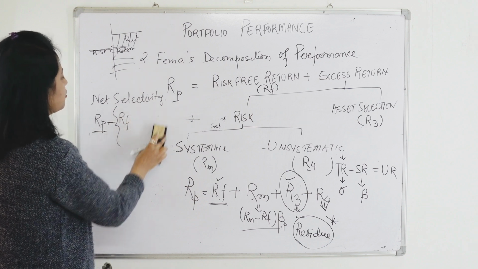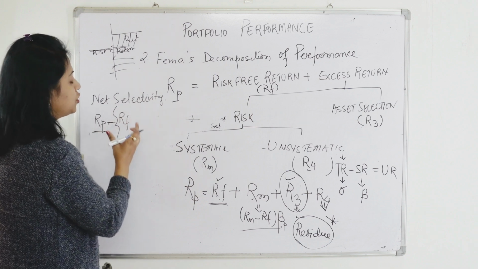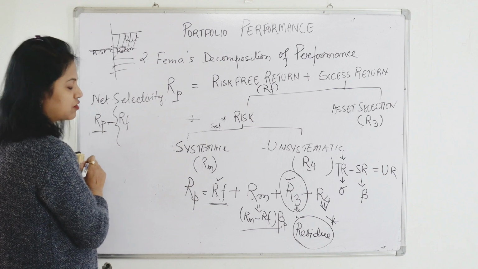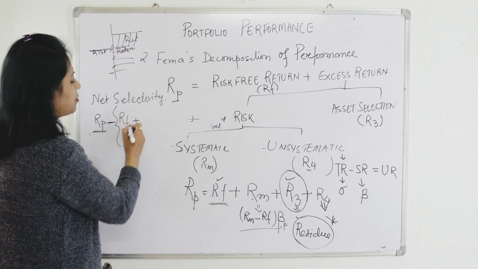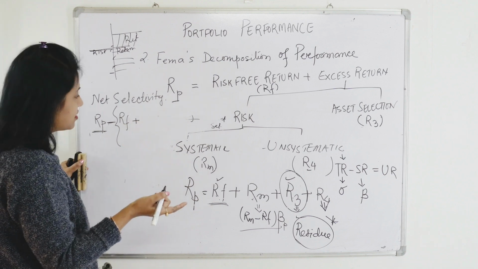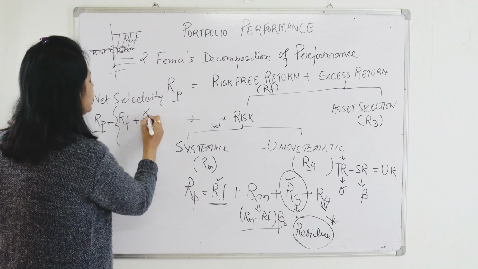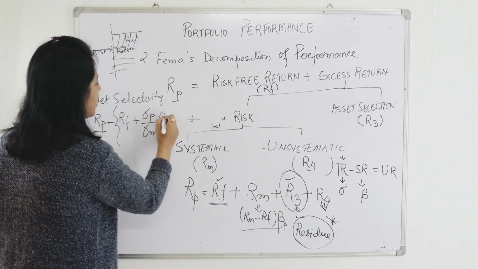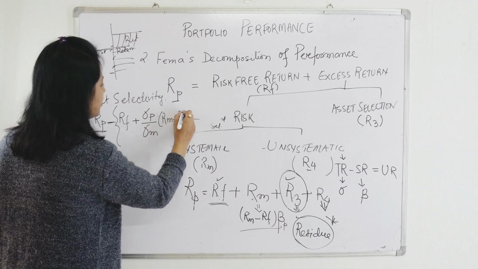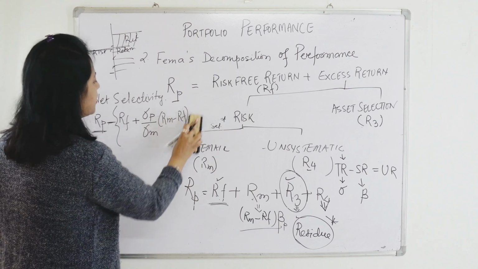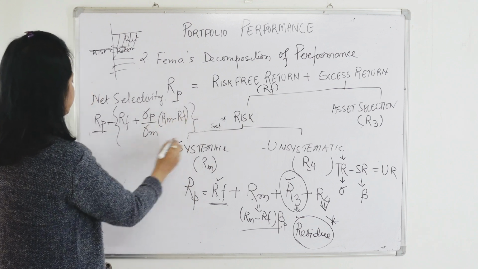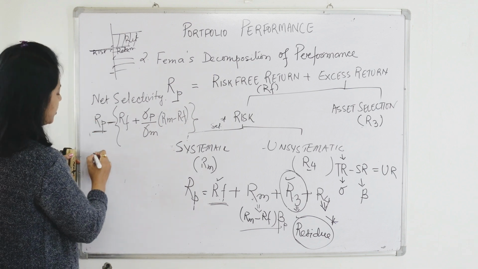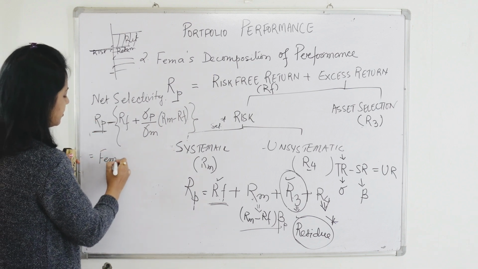How much return are you supposed to get? You are supposed to get the risk-free return, plus some return because you have taken some risk. What is the return for taking some risk? We have measured it by this RM minus RF, right friends? If something is left after subtracting, that is known as Fama's net selectivity.